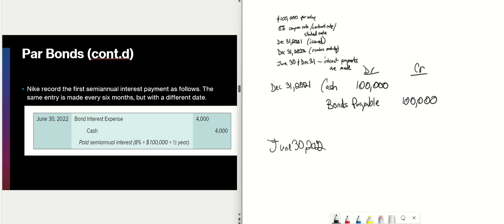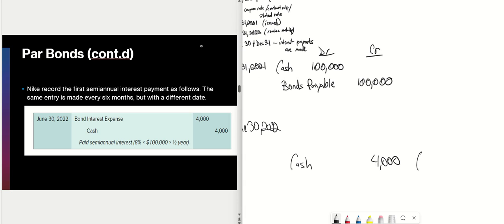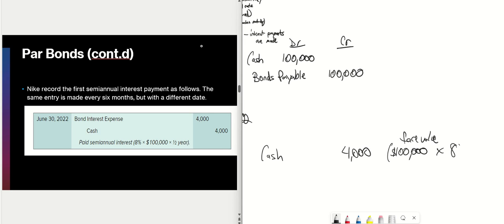Okay. So since a payment was made, we're going to go ahead and credit cash for $4,000. That's calculated by, as you can see here, $100,000. That's your face value, multiplied by 8%.